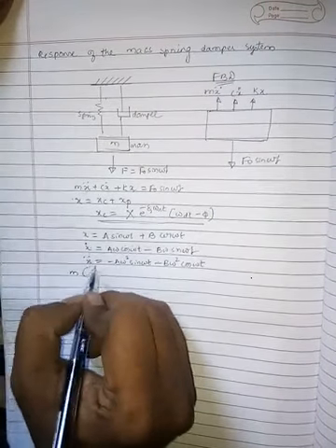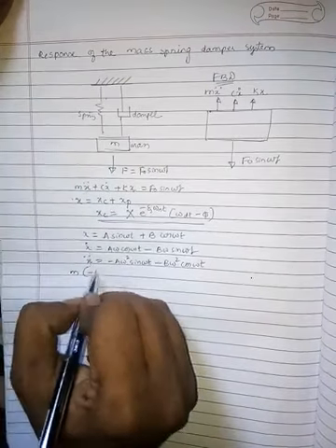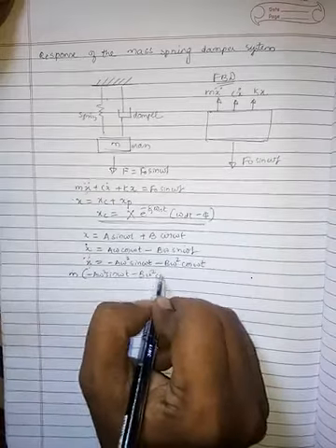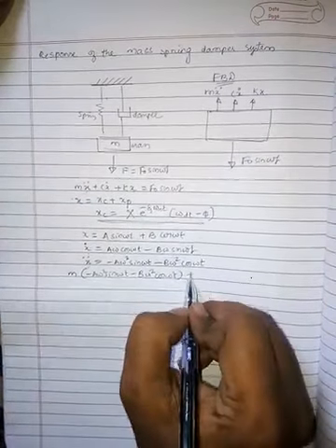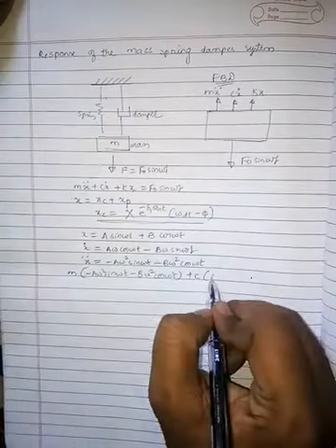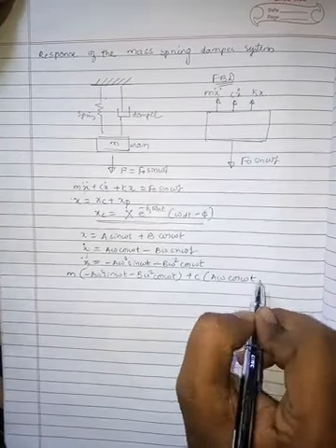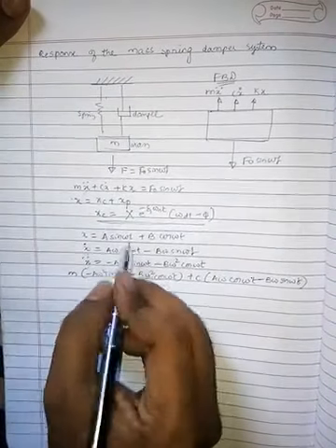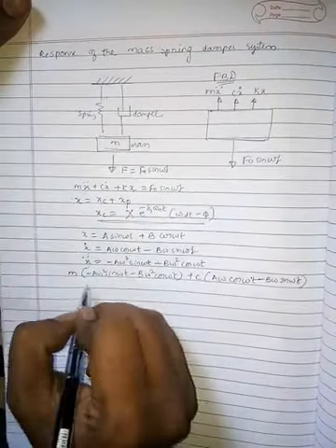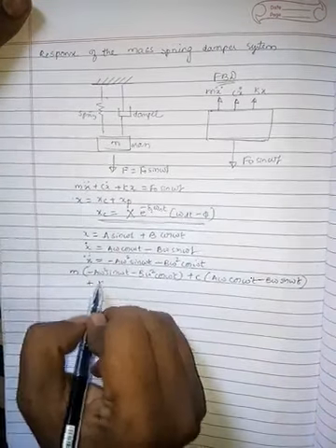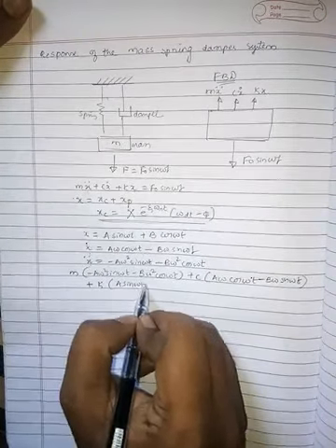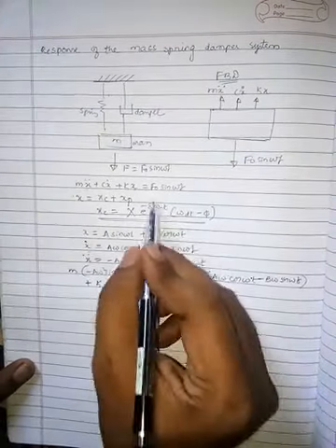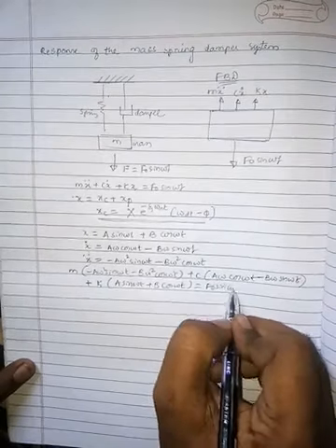M x double dot, where x double dot is minus a omega square sin omega t minus b omega square cos omega t, plus c x dot, where x dot is a omega cos omega t minus b omega sin omega t, plus k x, where x is a sin omega t plus b cos omega t. This is equal to F0 sin omega t.